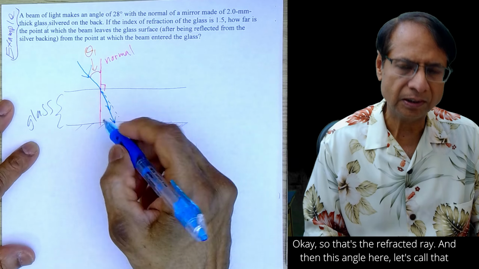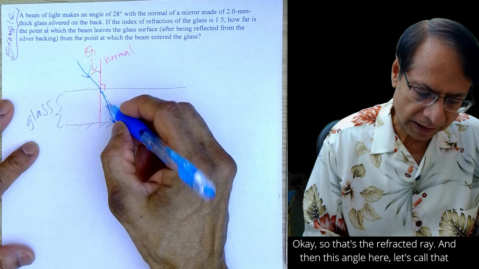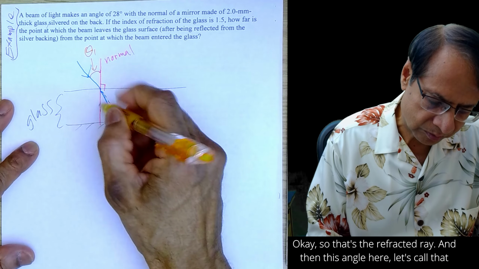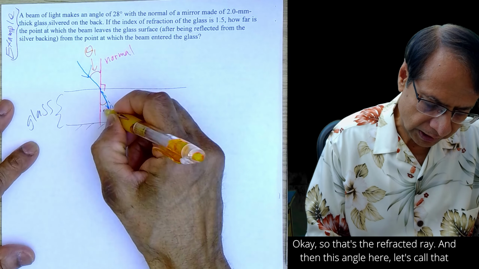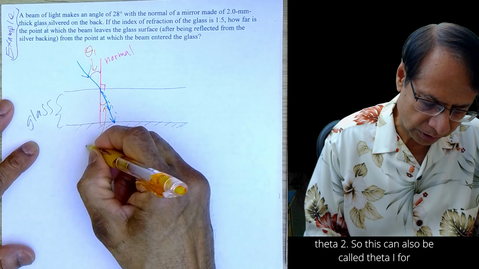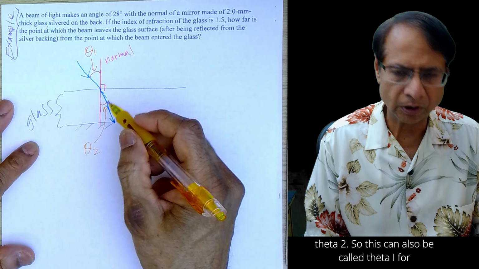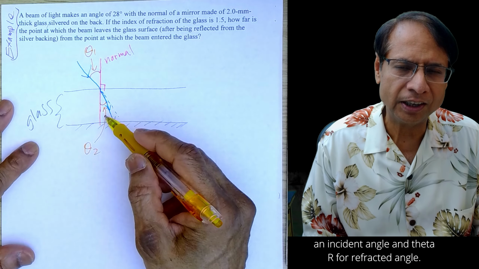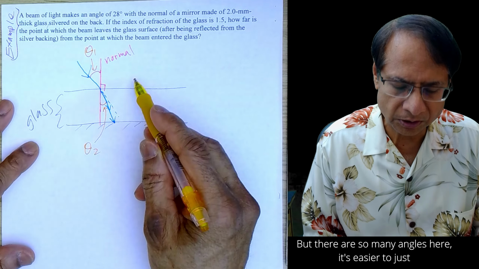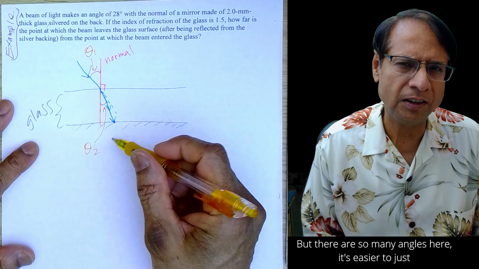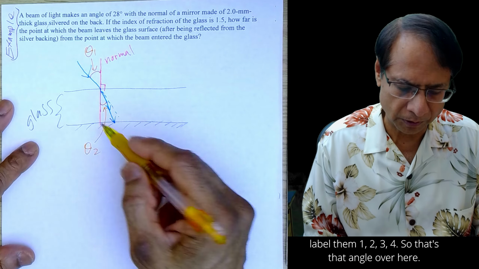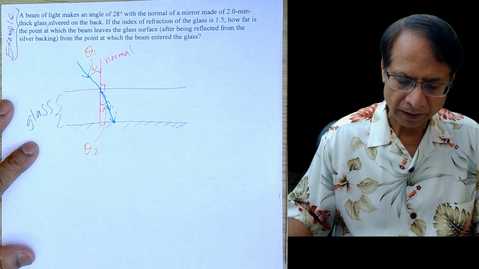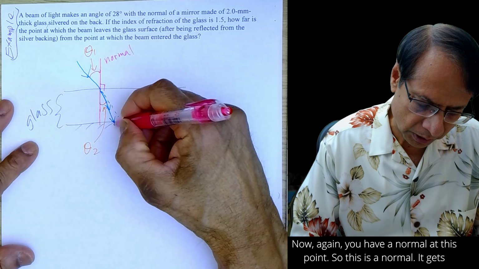So that's the refracted ray. And this angle here, let's call that theta 2. This can also be called theta I for incident angle and theta R for refracted angle. But there are so many angles here, it's easier to just label them 1, 2, 3, 4. So that's that angle over here. Now, again, you have a normal at this point.